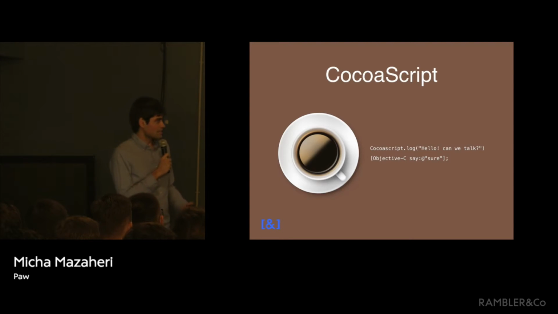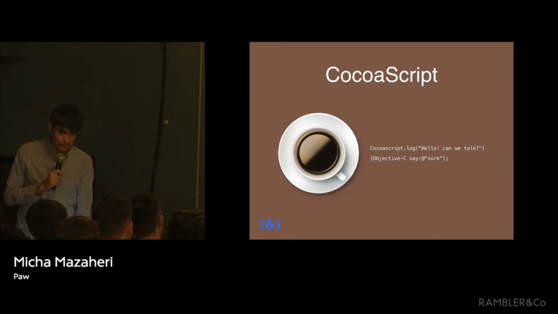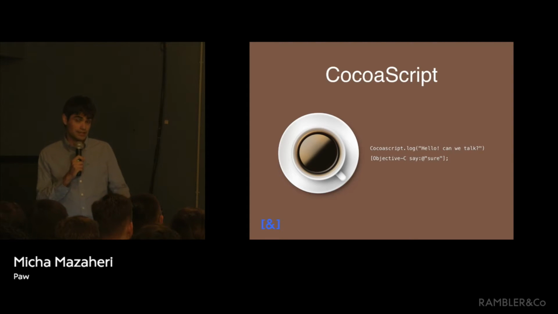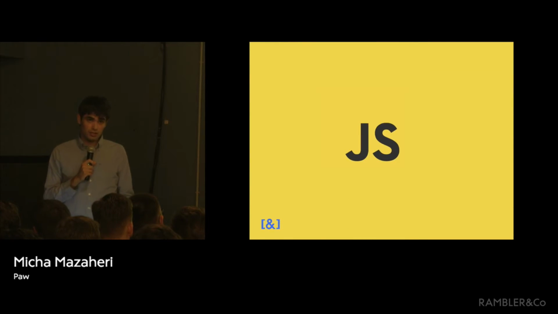And it also gives access to all the native APIs to the extensions. That's something we didn't want, because we wanted to keep the code of the extension sandboxed and only give access to some features. So we went for JavaScript, mostly because it's the language that almost everyone can hack with.